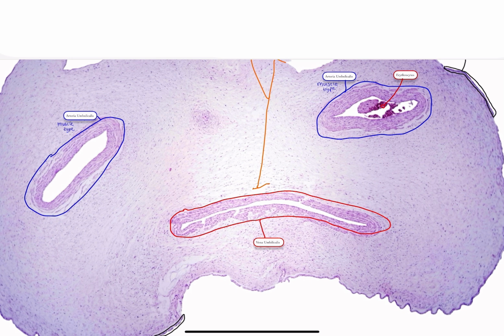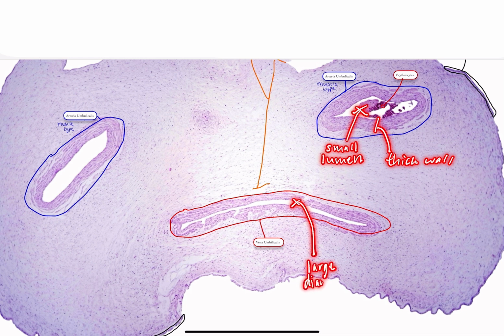Arteries have a smaller lumen, so smaller inside, and a thicker wall. So thick wall, small lumen or opening. While the vena umbilicalis has a large diameter lumen and a thinner wall in comparison.